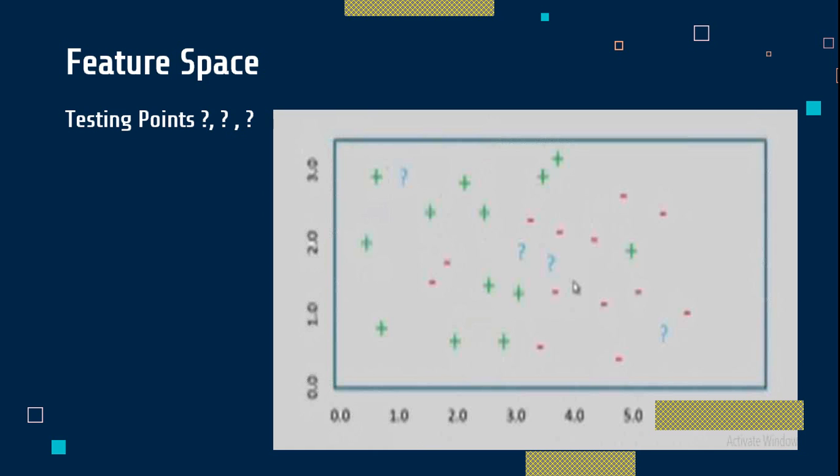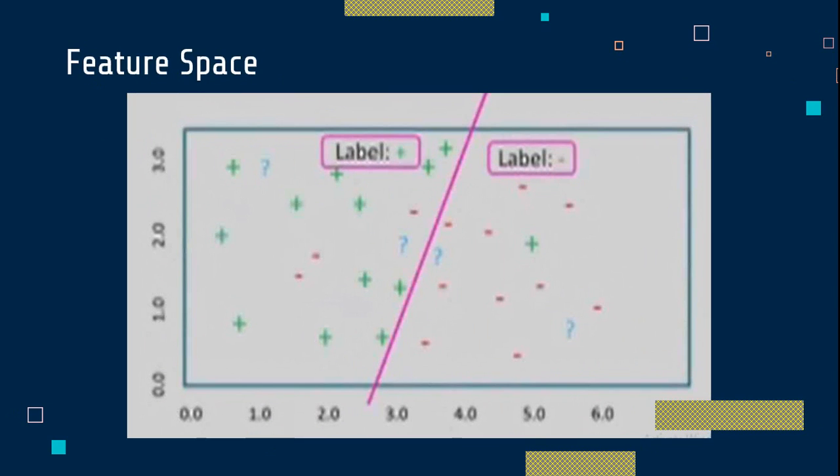How can we decide that? Before that, you have to take one decision: the feature space. How can we create a feature space? I am using one simple solution.